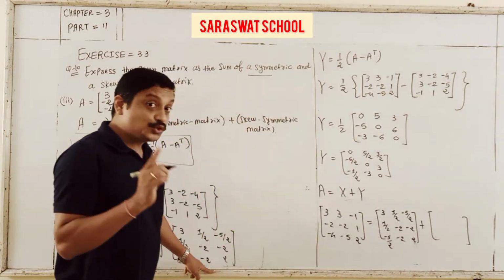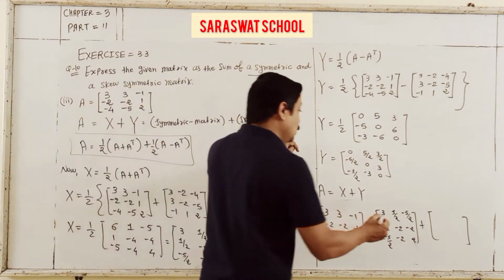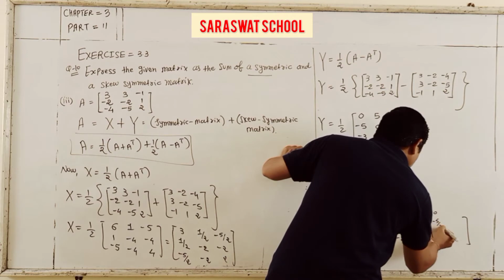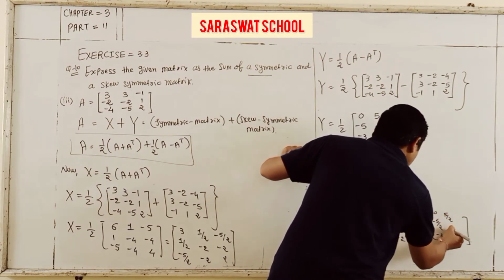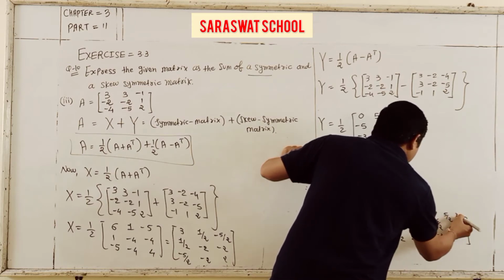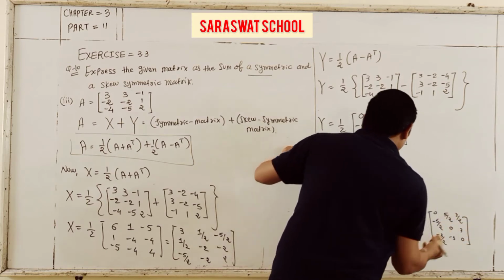And I also know the Y: 0, minus 5 by 2, minus 3 by 2. Similarly 5 by 2, 0, minus 3, and last 3 by 2, 3, with 0.